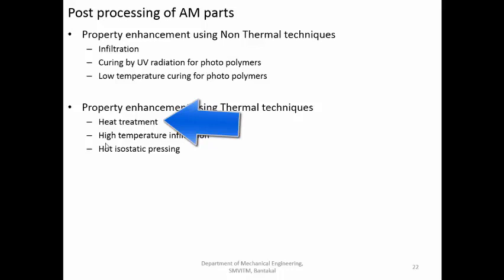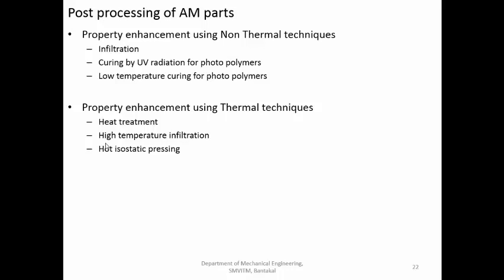Also you can do stress relieving cycles for different materials, because whenever you are melting the metal powders to create the component, a lot of temperature gradients are created, because of which there will be a lot of stresses in the material. If they are not relieved or if the cooling doesn't take place properly, the microstructure will be different and there will be a lot of stresses in the material which may lead to unwanted cracks.